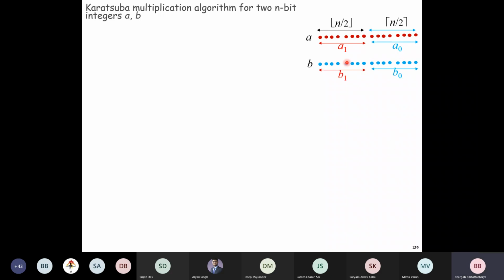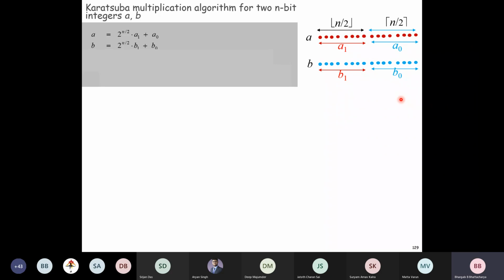Similarly, you partition B into two parts, and let the number represented by the first part be B1, and the number represented by the second part, the least significant part, be B0. So if I partition this way, can I write this way? The original number A is equal to 2 to the power n by 2 times A1 plus A0. And similarly, B is 2 to the power n by 2 times B1 plus B0. Do you agree with this?